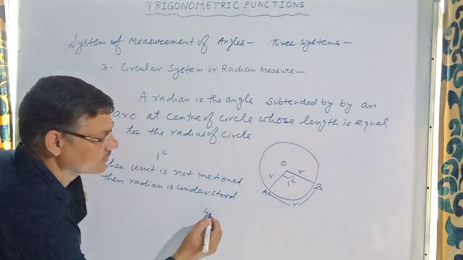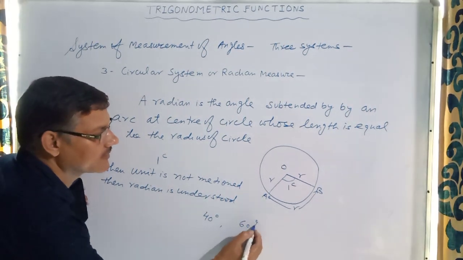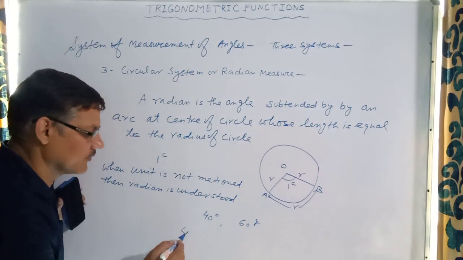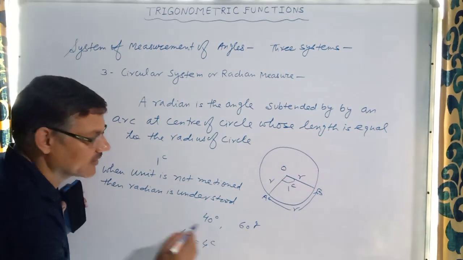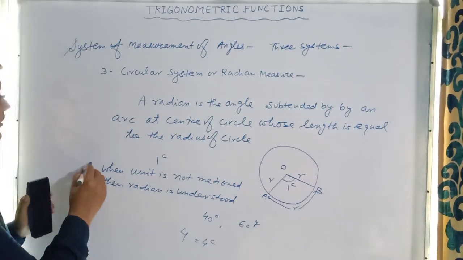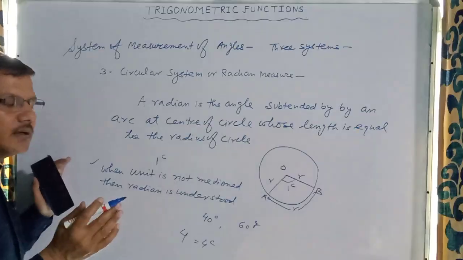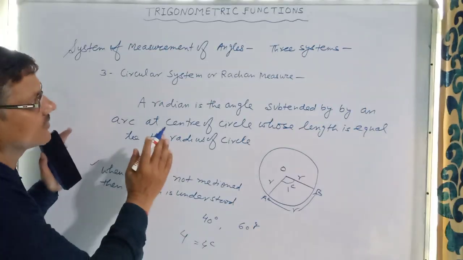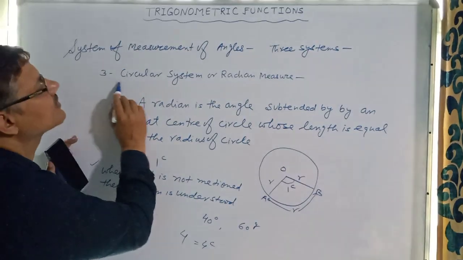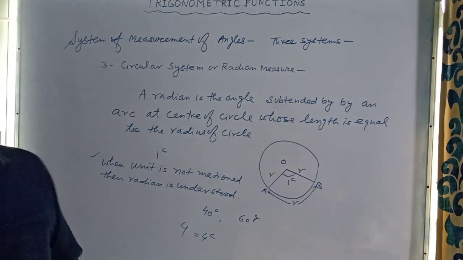We write 40 degrees, and we must write 60 grades. But if I write 4, with nothing there, it means it is equal to 4 radians. This is the meaning of this. When no unit is given, then we take it as radian. So this is about the third system, called the circular system or radian. In the next video we link radian with degree.